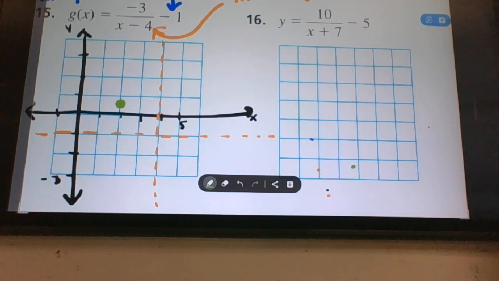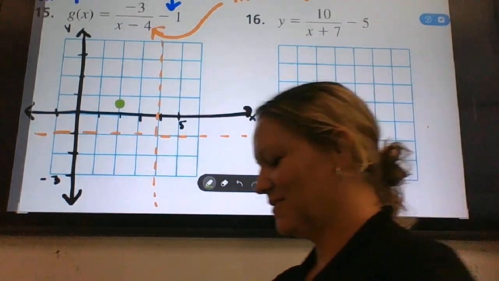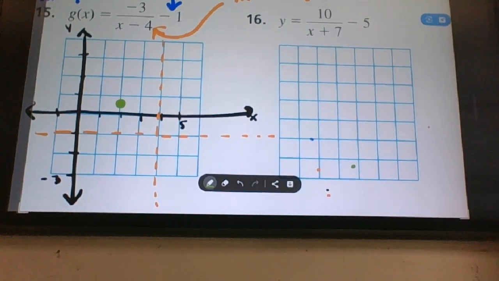Riley, what do you get when you plug 3 in? Okay. -3 over -1 minus 1. 3 minus 1 is 2.